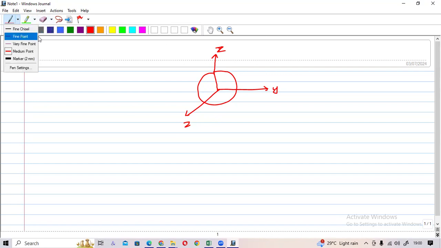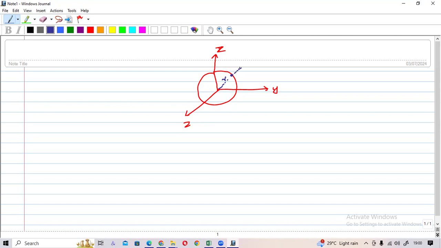So if I ask you to find the area of a sphere, what do you need to do? This is z, y, x. If you consider any point here, from here, this is r.